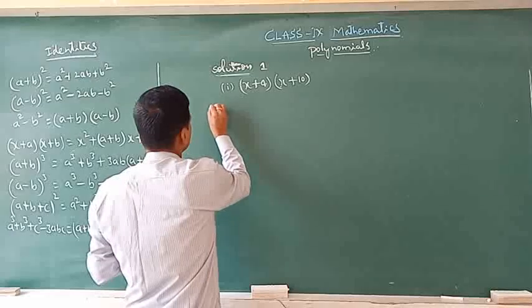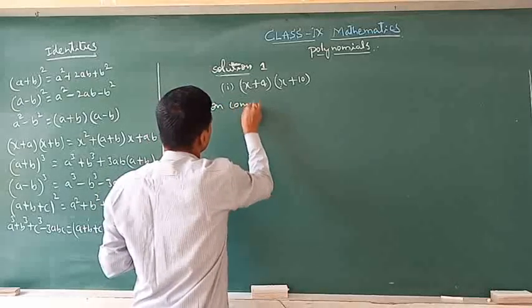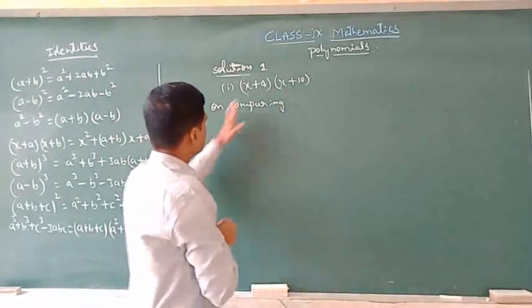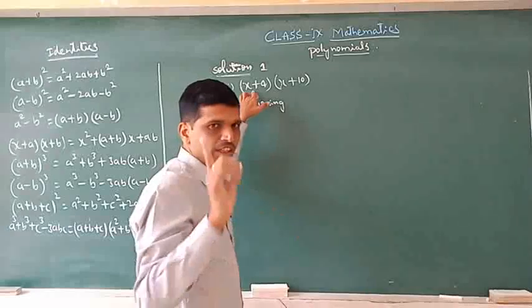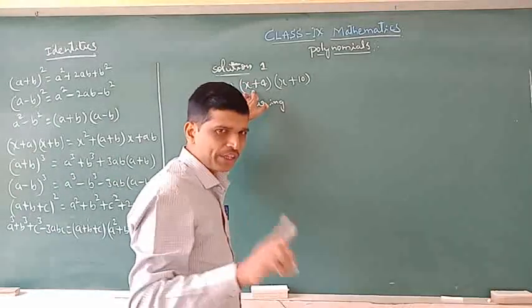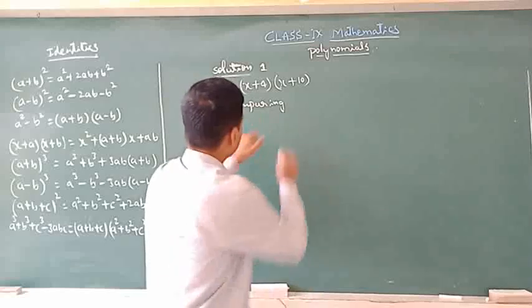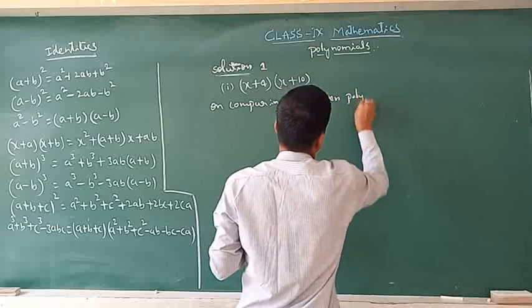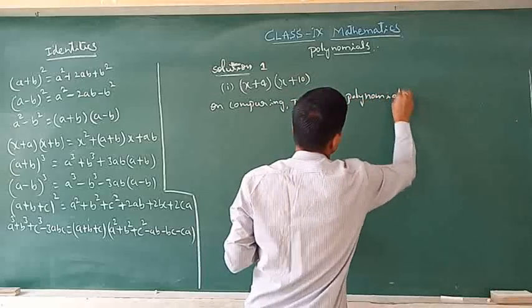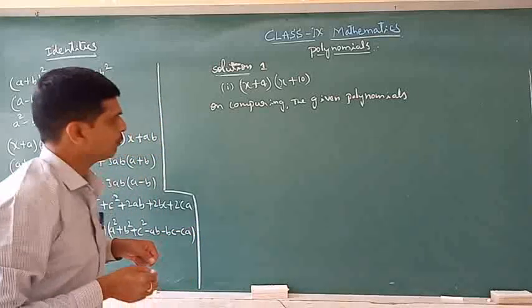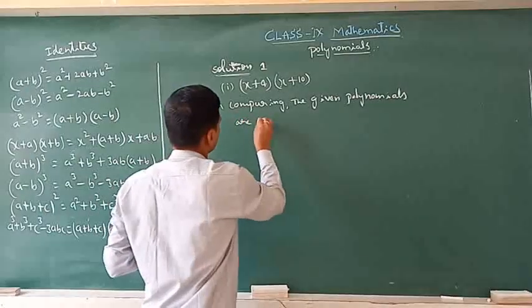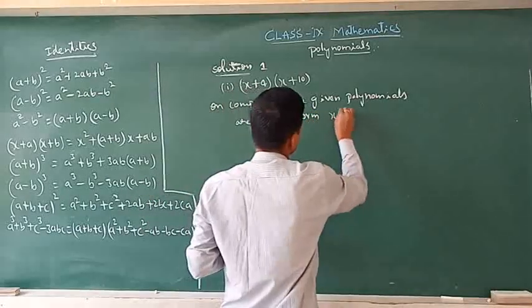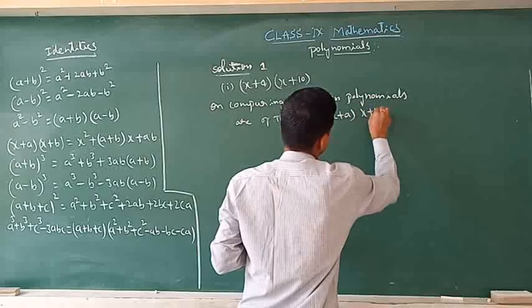In the solution, on comparing, the given polynomials seem to be in the form of the identity, that is x plus a into x plus b. So on comparing, the given polynomials are of the form x plus a into x plus b.